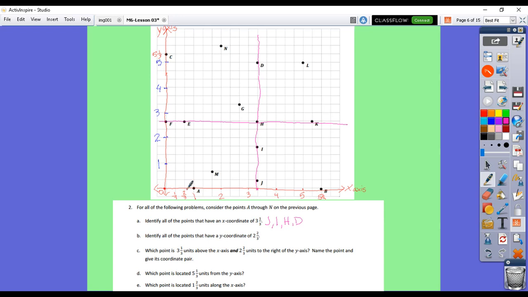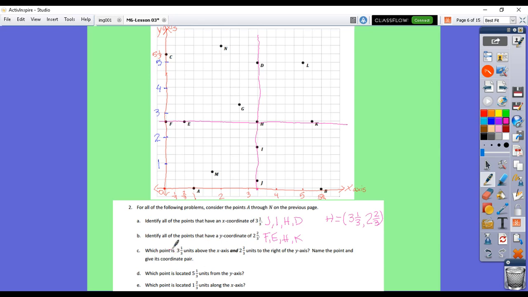This one would be 2/3, comma 2 2/3. So I have points F, E, H, and K. And look at that, H has both. So we can identify H's coordinate pair as 3 1/3, comma 2 2/3.